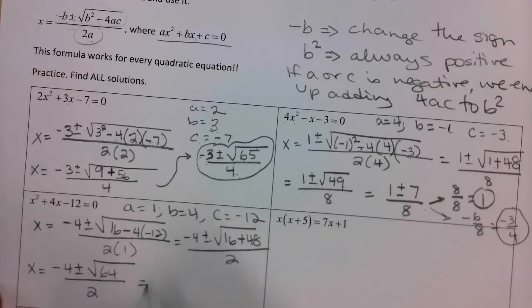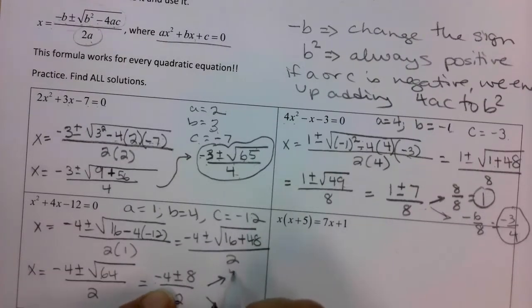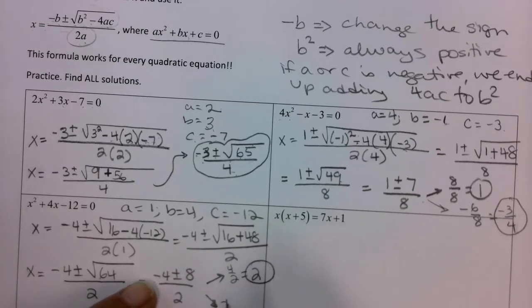So 64, that's a nice one. -4 plus or minus 8 over 2. So we're going to split this apart into the two solutions. So -4 plus 8 is 4 over 2. So that's 2 for one solution. And -4 minus 8, -12 over 2. There's a different solution.